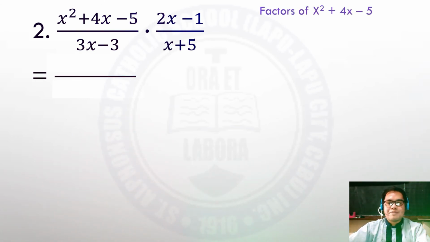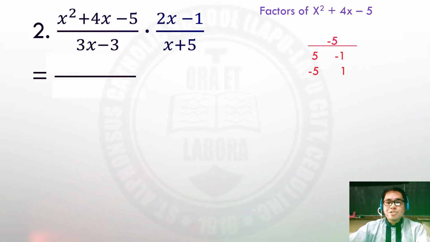So let us try the factors of x squared plus 4x minus 5. In this kind of example, this is a quadratic trinomial. According to quadratic trinomial, we are going to consider the constant, which is negative 5. Now find the factors of negative 5. The factors of negative 5 would be 5 and negative 1, and negative 5 and 1.